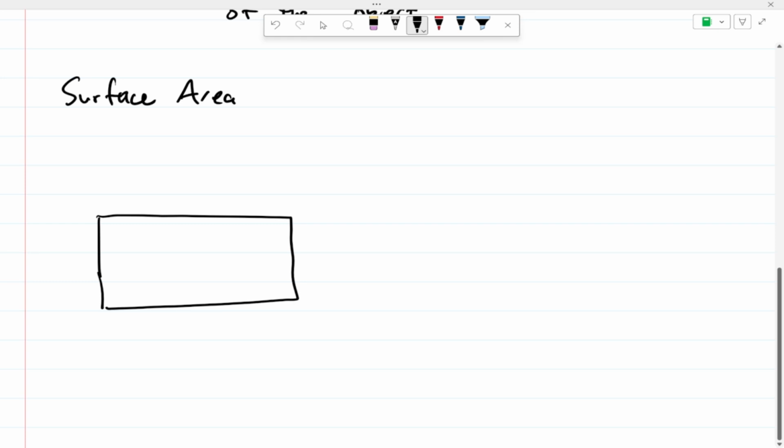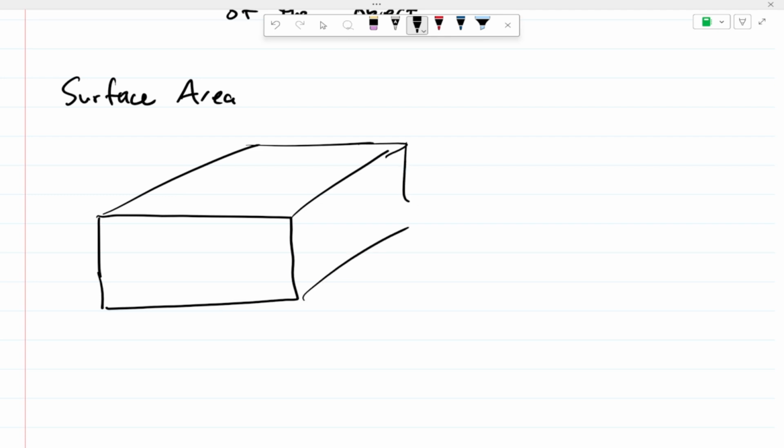All right, now, if we want to find the surface area, we're going to have to create a three-dimensional object. Okay? And notice here that some sides are the same. In other words, we've got the front and we've got the back. Those two sides are going to be the exact same.